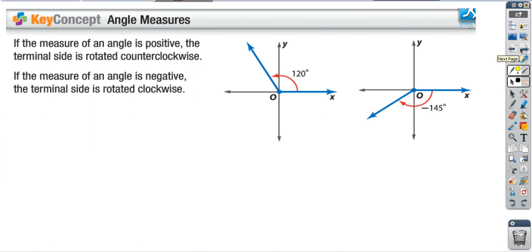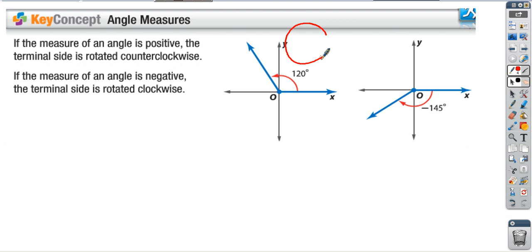Putting something in standard position means its initial side starts at the x-axis. Okay, the other thing is that angles are positive when you're going counterclockwise, and somebody I know likes to say that counterclockwise is like you draw the letter C. So when you're drawing the letter C, you start here and you go that way.